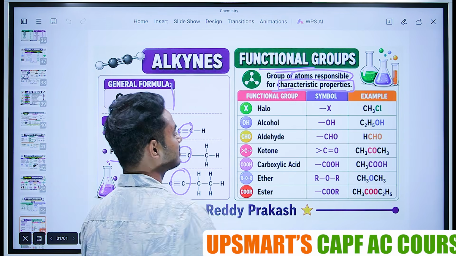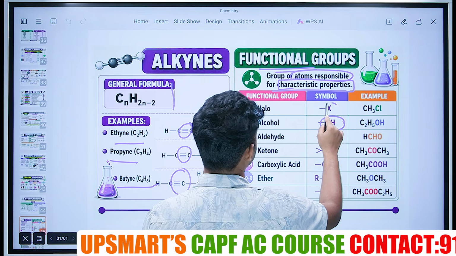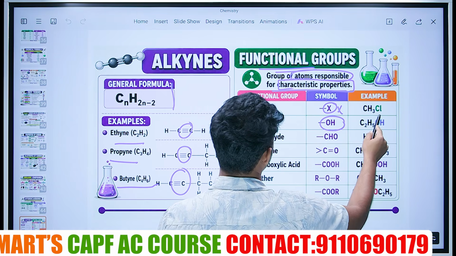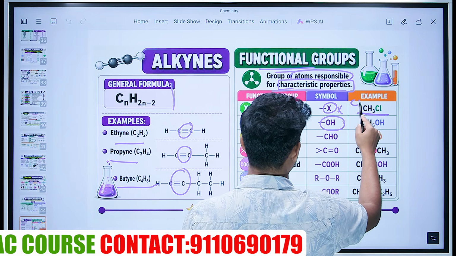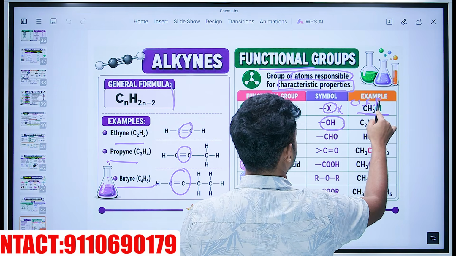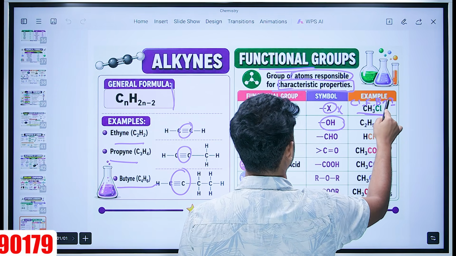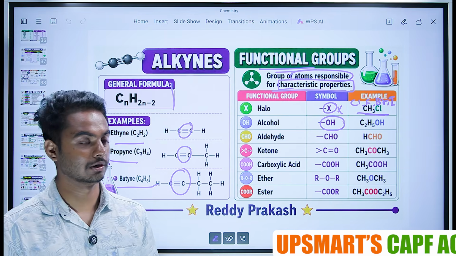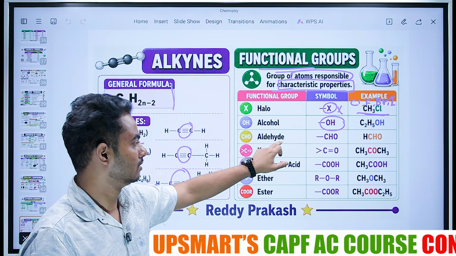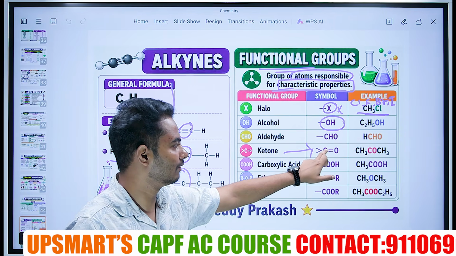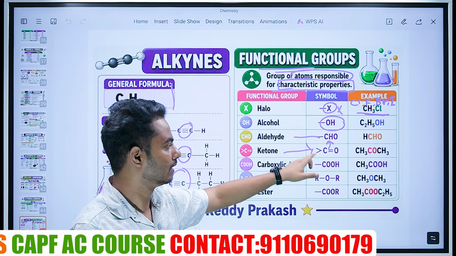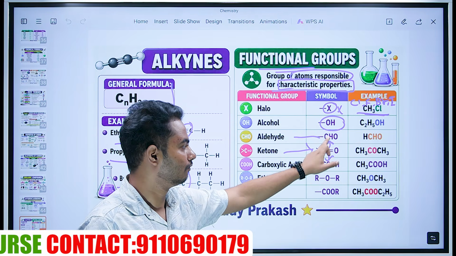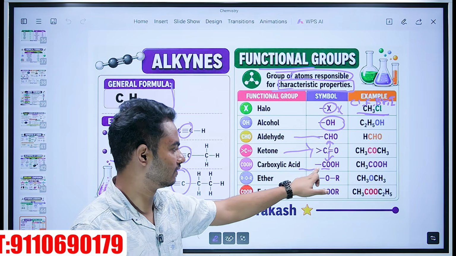Halo is represented by X because it can be various compounds like chlorine, fluorine, bromine and iodine. It's not one functional group, it is many functional groups for halo. For alcohol, OH. Ketone, CO. If you add one more H, it becomes aldehyde. If you add one more O, it becomes carboxylic acid.